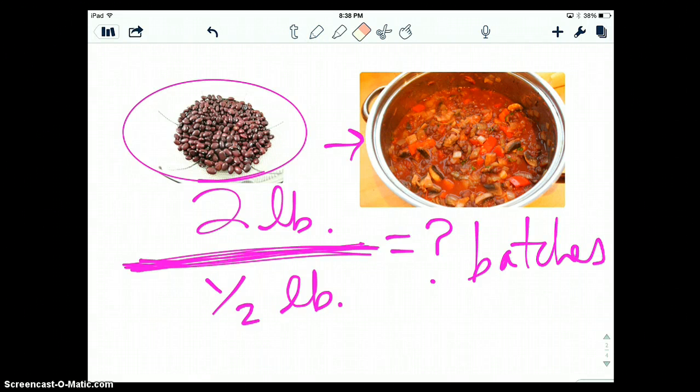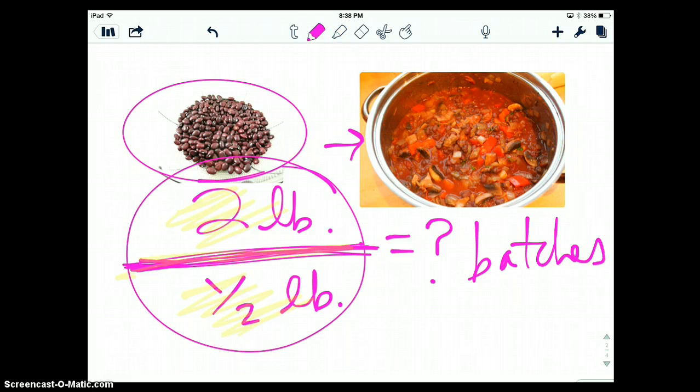So if I take that 2 total that Sue Lee has and I divide it up into groups of halves, I would know how many total batches I have. So there is my complex fraction.